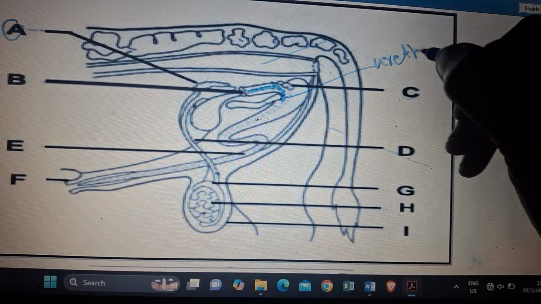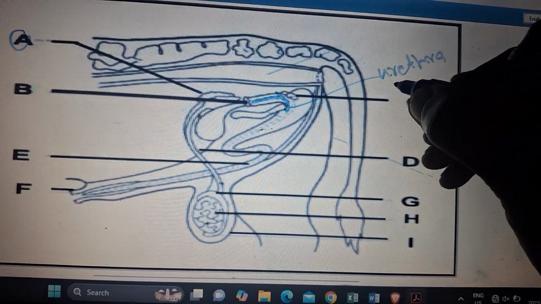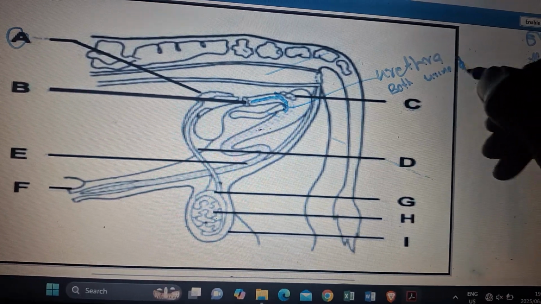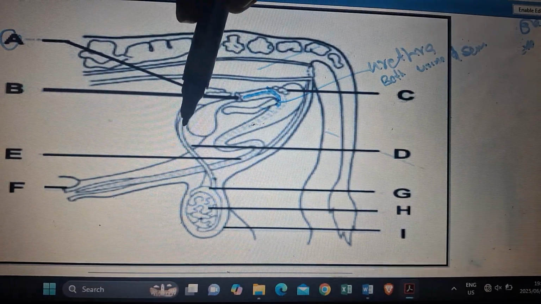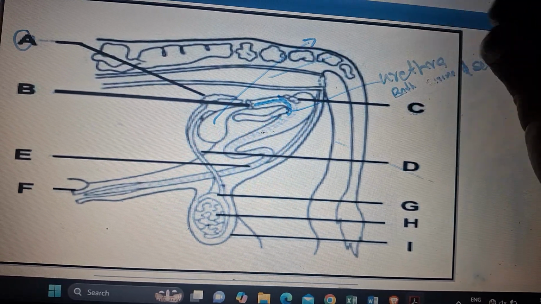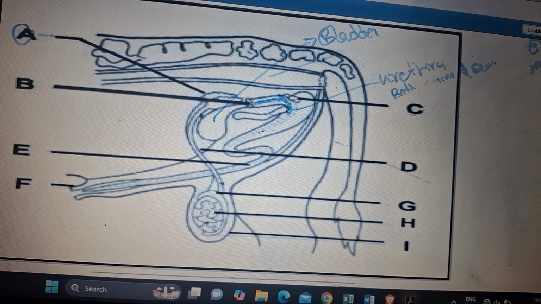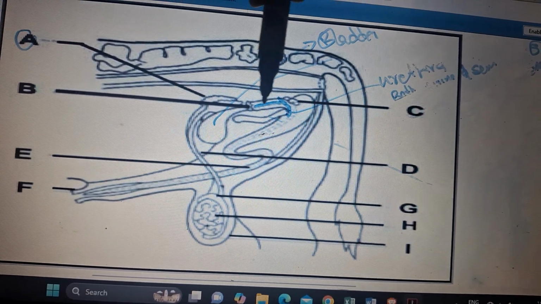And do not confuse urethra with ureter. So a urethra is a common opening for both urine as well as what? Semen. So if you look at this structure, this one is not directly involved in reproduction. It is called a bladder. So it's the one that stores urine. If you check it, it is in contact with the urethra.